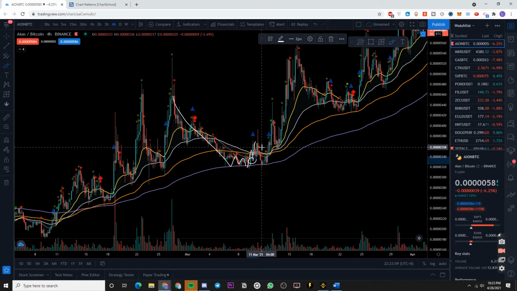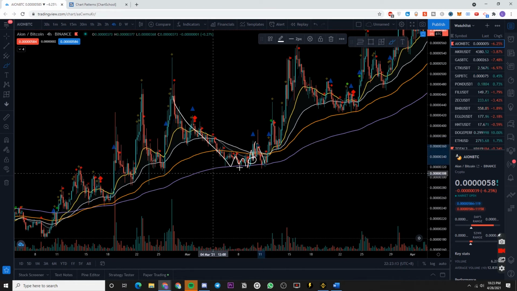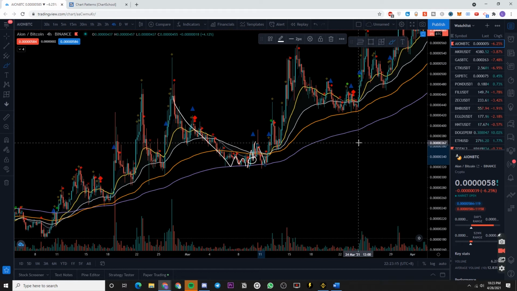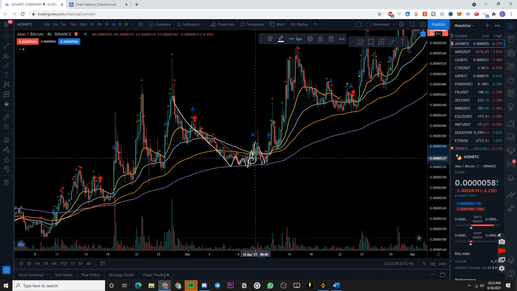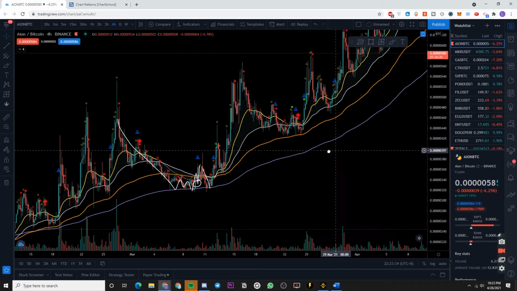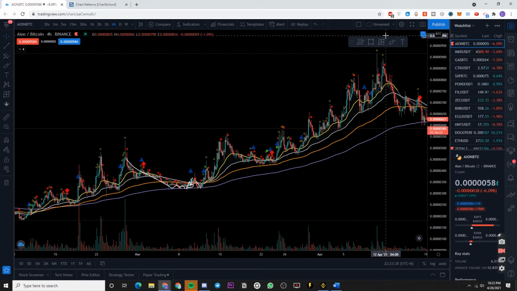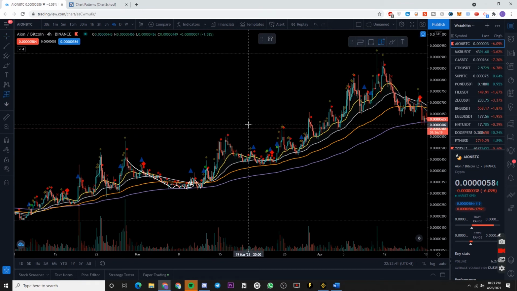But alternatively, I had an even better entry on Aeon because it came down to retest the 200 EMA. I'm going to talk about the EMAs a bit in a future video, but at the moment, let's talk patterns, because patterns are the favorite thing that I like to do. So I bought Aeon at 330. I remember clearly. And look where Aeon went. Look where Aeon went from this rounded bottom.